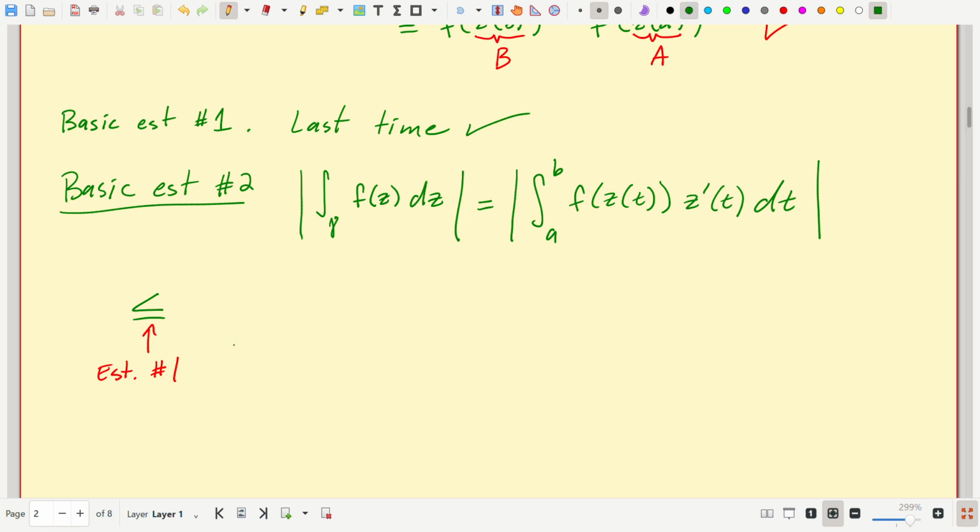So that's going to be less than or equal to the max of, oops, what am I doing? I don't want to do the max yet. This is less than or equal to the integral from a to b of the modulus of the thing inside.